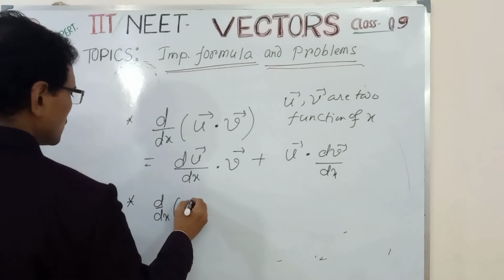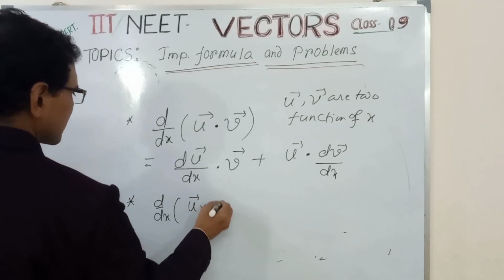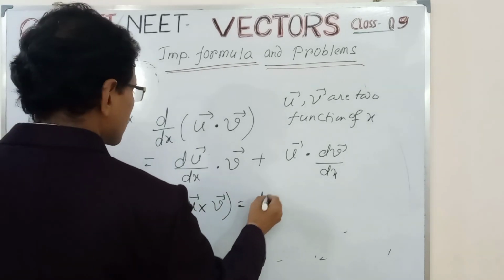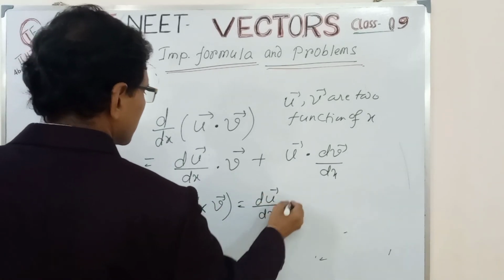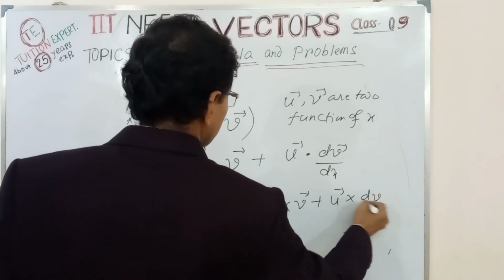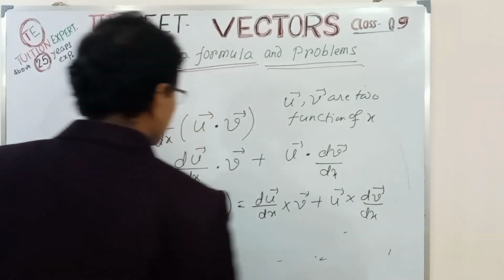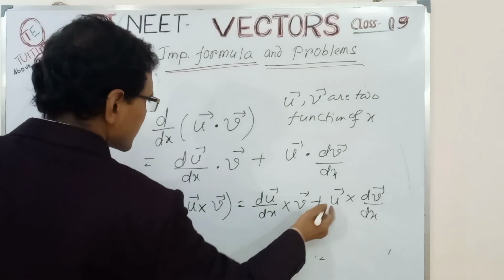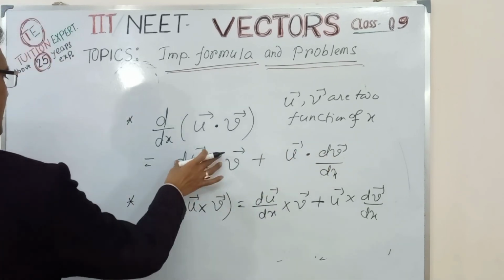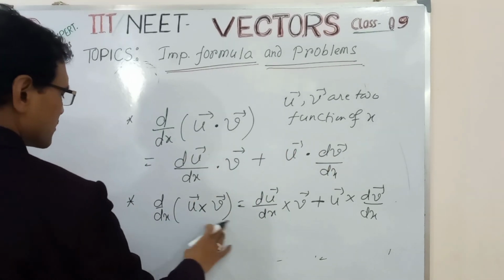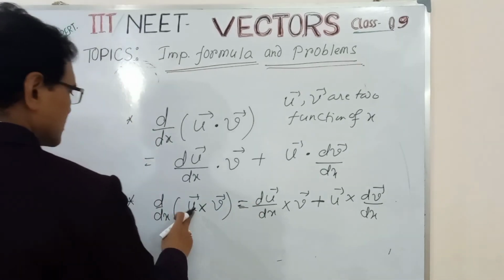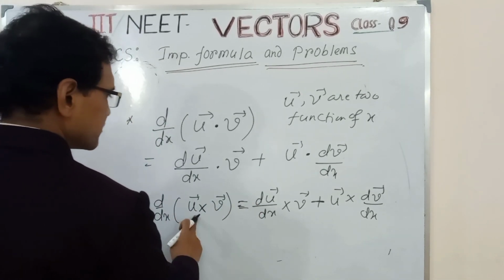Next, u cross v. Order of cross must be maintained. First u derivative cross v plus u cross dv by dx. Here order must be strictly maintained. In the dot product you can write either first or second, but here the order must be maintained strictly. First u derivative, then v, plus u.